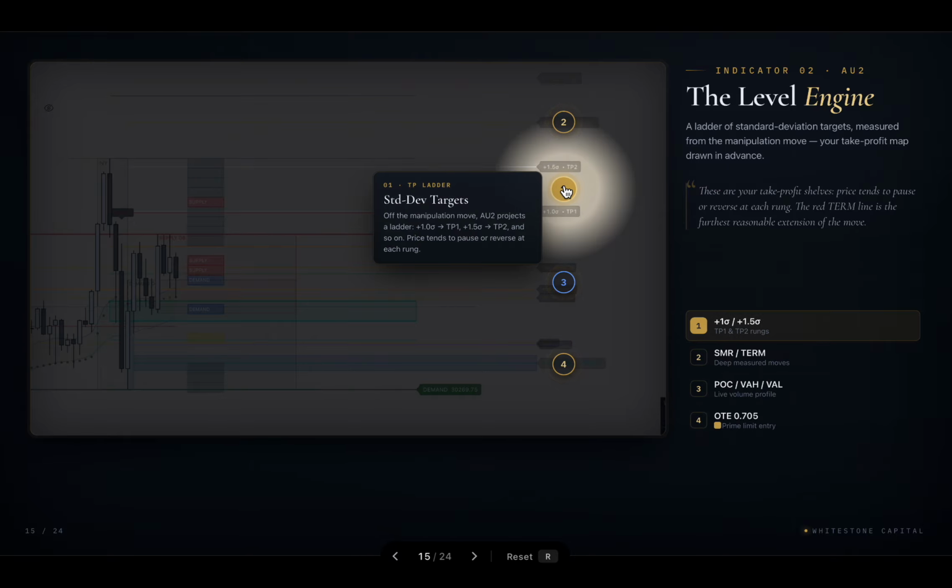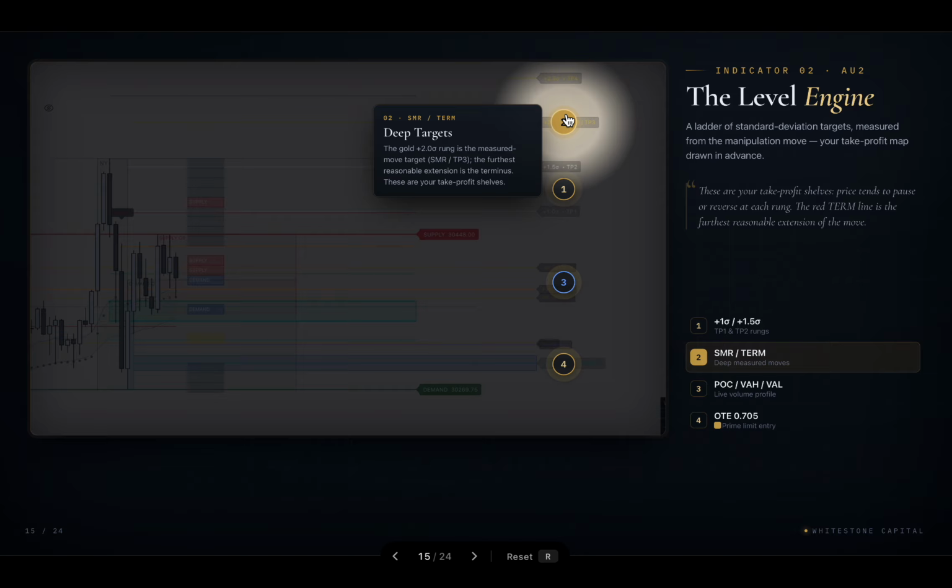The purple range is the manipulation move, where price ran the stops right before reversing. Everything AU2 projects is measured from it. Off that box, it draws a ladder of standard deviation targets, the label lines on the right. Plus 1 sigma is your first target. Then plus 1.5.